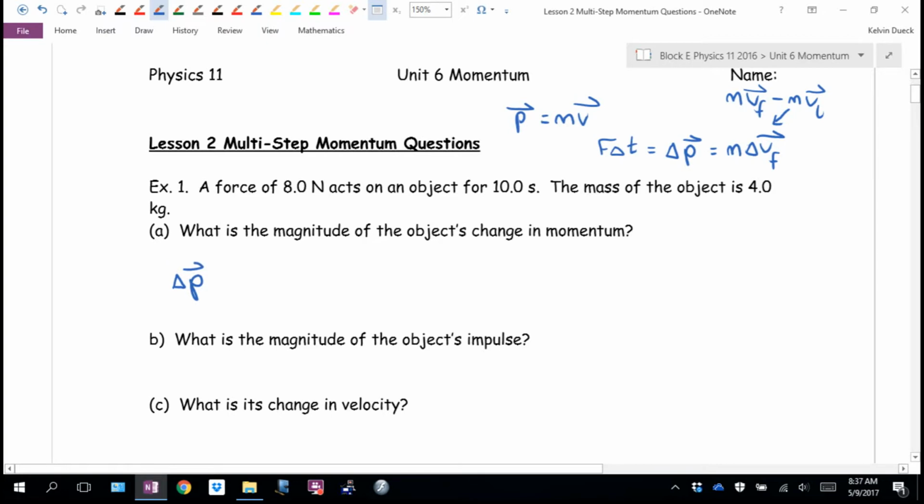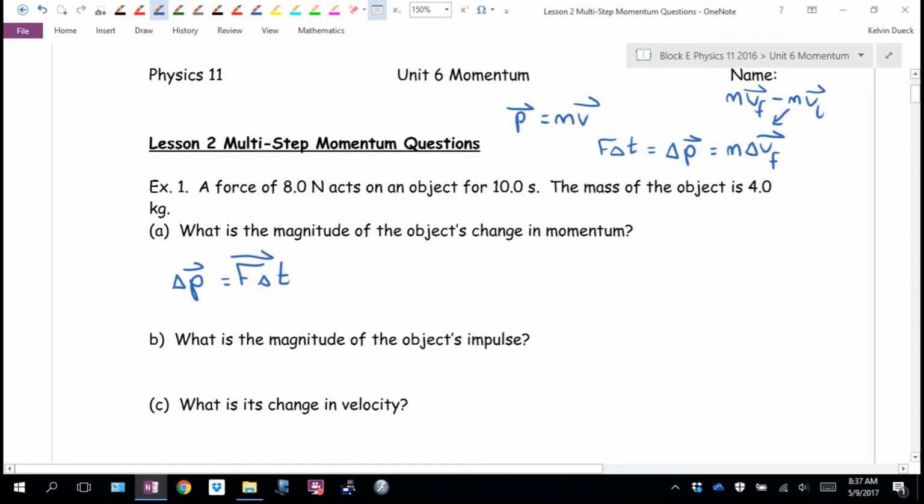One way would be m v final minus m v initial. Did they give me a final and an initial velocity? No. What did they give me in this question? Force and time. So that's my hint that I'm going to use this version of impulse.